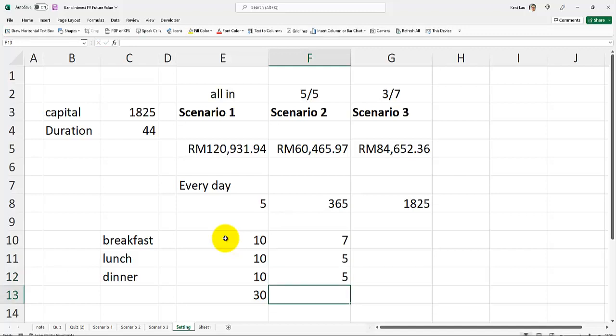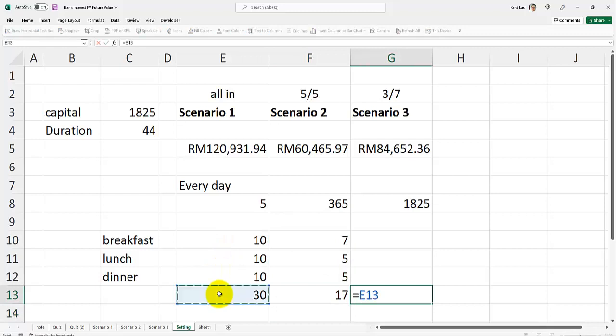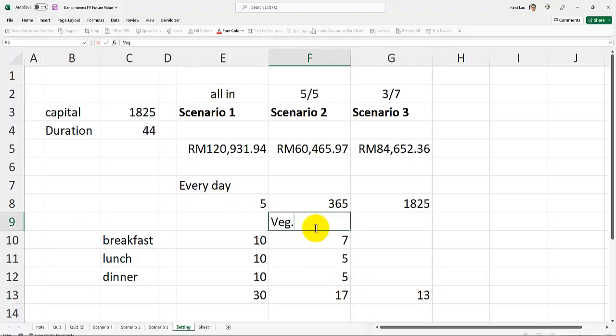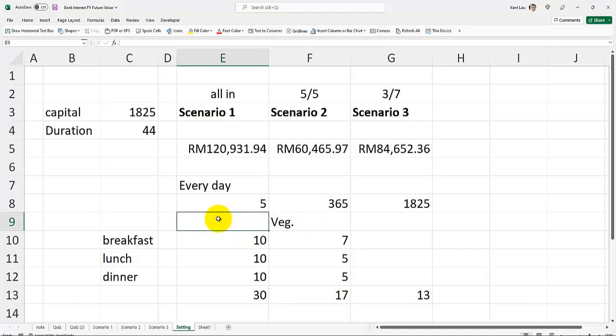So how much you save? Let's just add this. So what's the difference? The difference is this minus this. That's 30 ringgit. Not, you see, that's not every day. Every day you can save 13, if you would change it to slightly lesser.